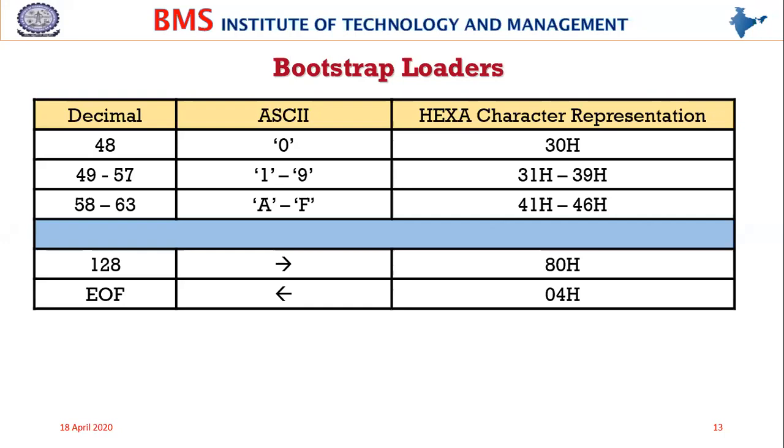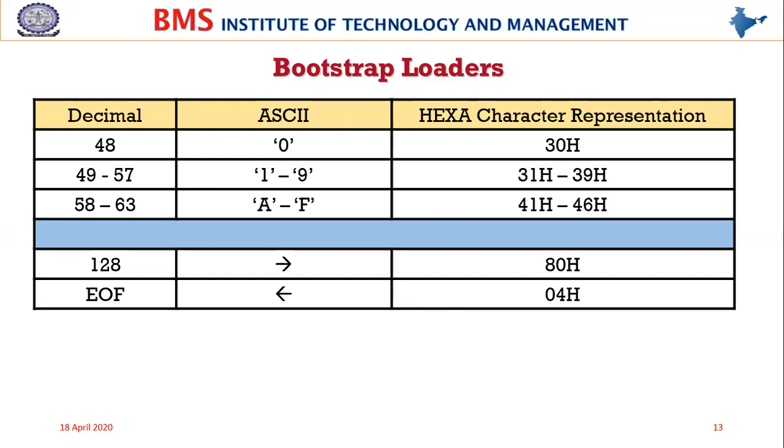Similarly, 58 to 63 represents A to F, that is 10 to 15, specifically speaking about the decimal values, and it is represented in hexa as 41H to 46H.